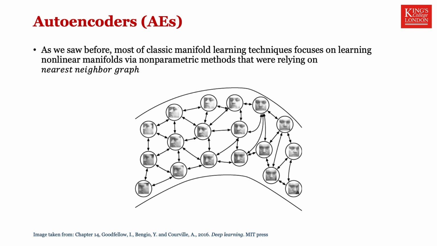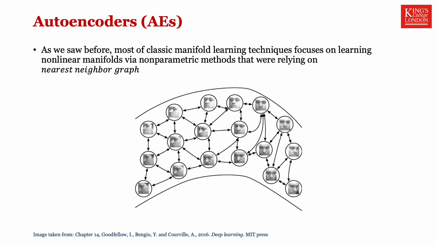And we've seen this before, right? We've seen that manifold learning techniques focus on learning these nonlinear manifolds via non-parametric methods that rely on creating neighborhood graphs, so understanding which images are neighbors of each image, and then using this understanding of neighborhood to define certain metrics or certain rules that allow you to project to a lower dimensional space.